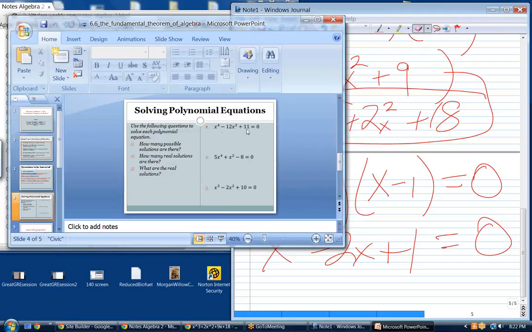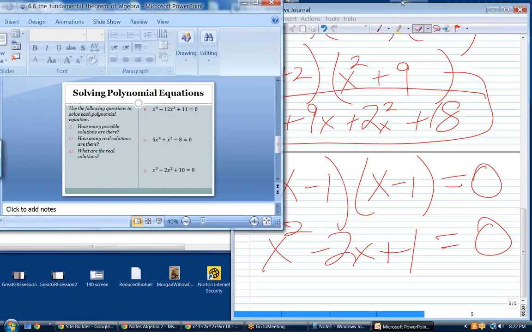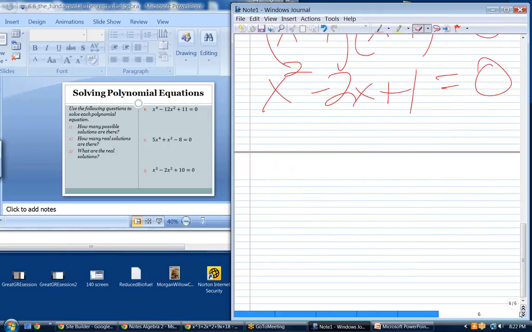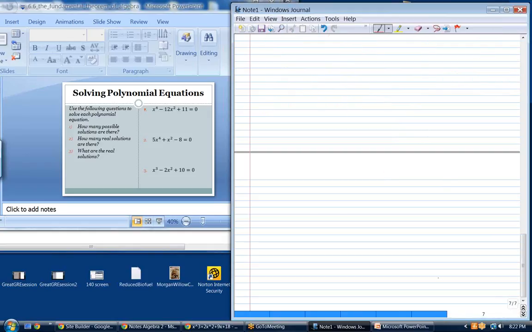Let's look at this top one here. Just tell me how we're going to solve that. What technique are we going to use? It's a quartic, so it could be hard.